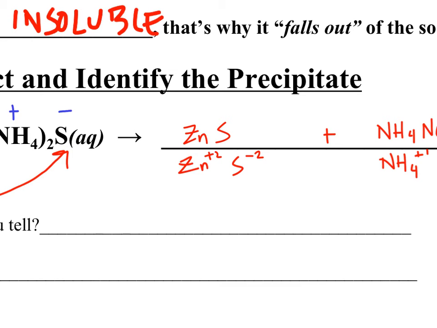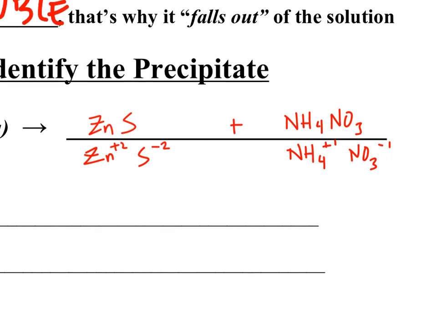Now we need to figure out which one is solid and which one is aqueous. Remember, in the compound we are only identifying the negatively charged ion, in this case sulfide. I know that zinc sulfide will not dissolve in water, so it is going to be a solid. That tells me ammonium nitrate is going to be aqueous, and we'll double check that.